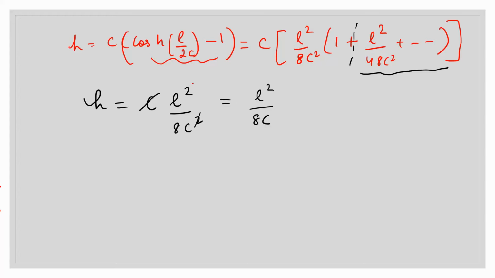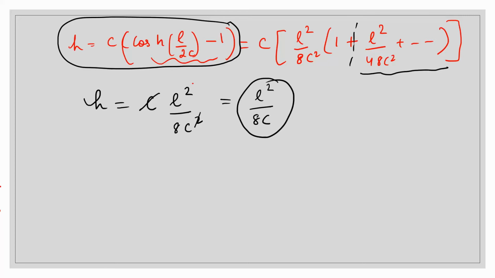So you can see that we are getting a very simple formula in comparison to this formula. This one was containing cos hyperbolic, which seems very complicated, and now you have a formula for the sag which is just this simple.